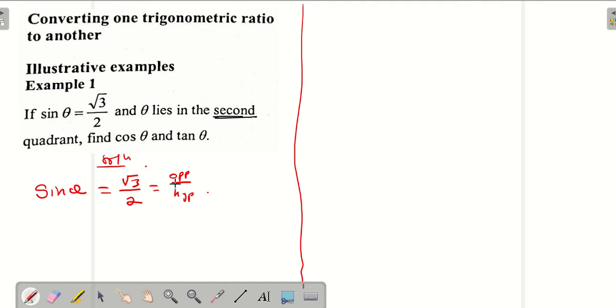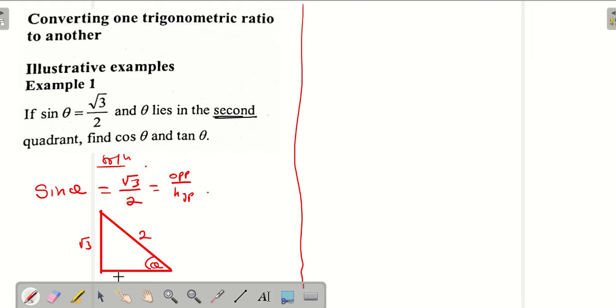So it tells you that the root 3 is the opposite of the right angle triangle, and the 2 is the hypotenuse. So if I draw a right angle triangle, with this angle, my opposite is root 3 and my hypotenuse is 2.